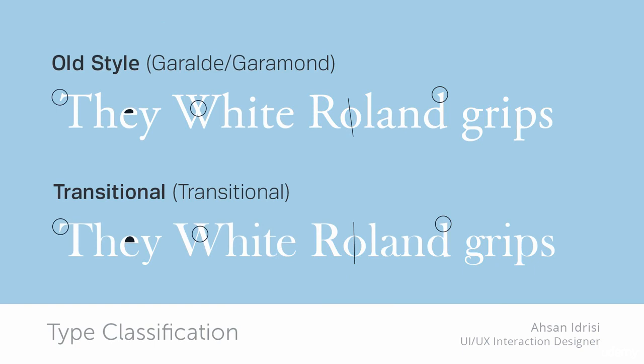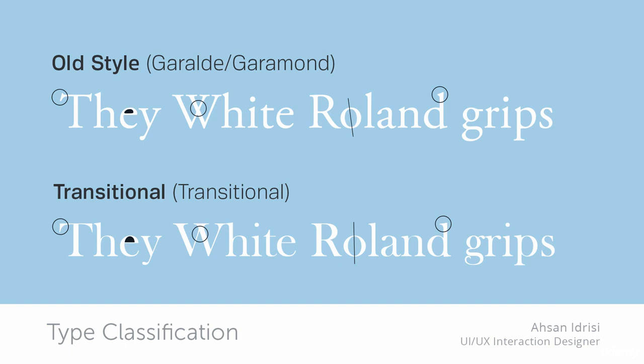I don't know how they pronounce it, Garalde or Gerald. These are two different classes, old style and transitional. Old style was a bit older, and transitional was built upon it, or you can say an improved version of old style. Now, old style has a few factors to identify it.